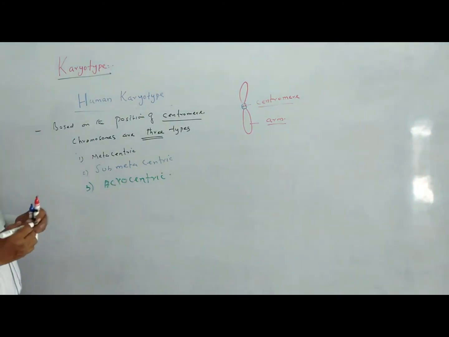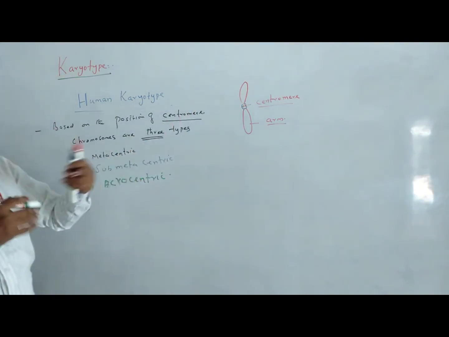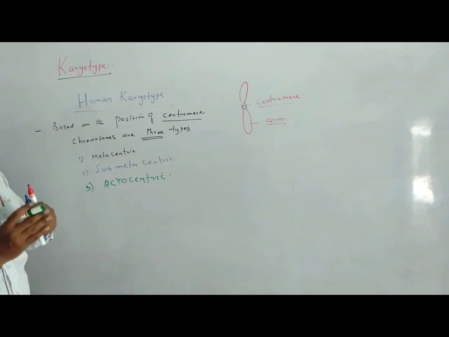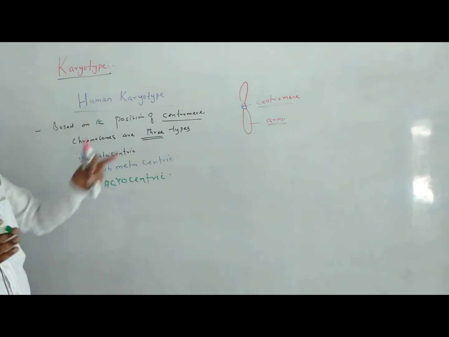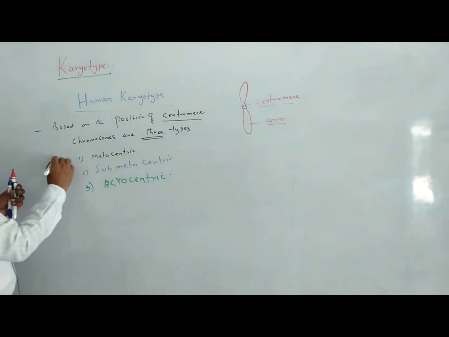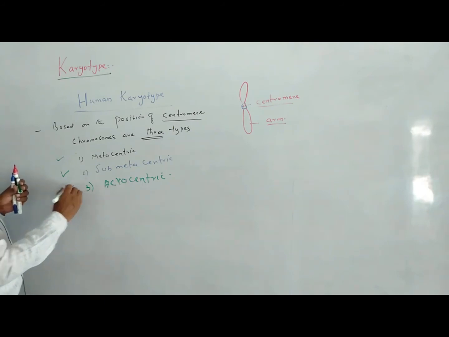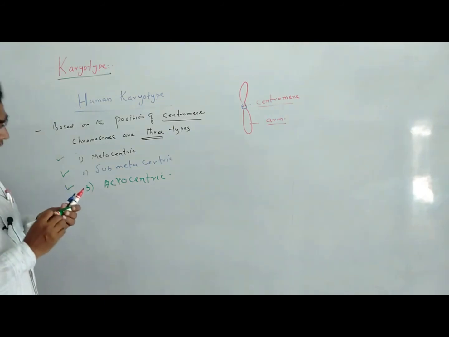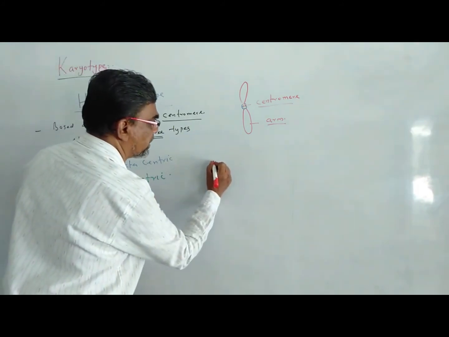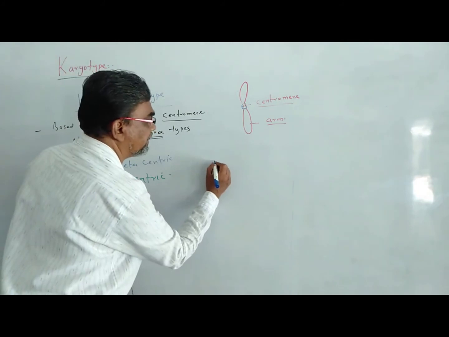Once again, based on the position of the centromere, we are classifying the chromosomes into three categories. This is the basic concept of karyotype. We are arranging the chromosomes based on the centromere. There are three types of chromosomes. One is called metacentric, the second is submetacentric, the third is acrocentric. What is metacentric? See here, students, this is the centromere. Just imagine the first one.